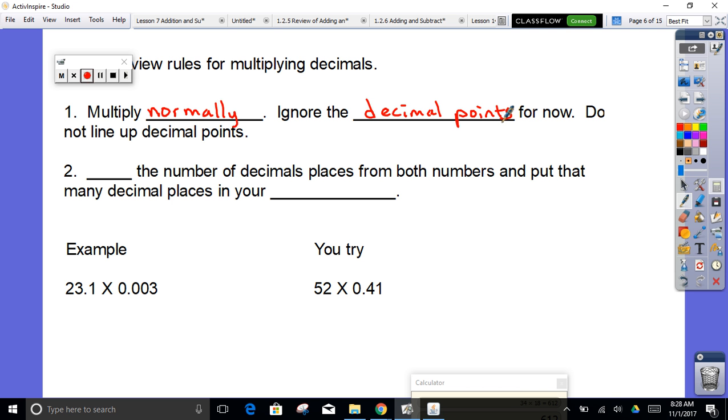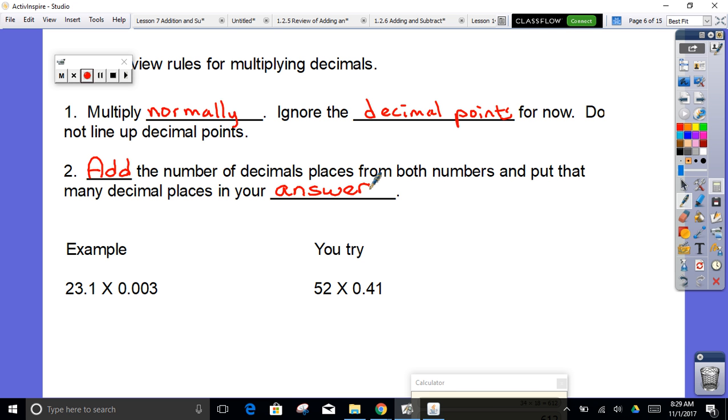But when you're multiplying, you're essentially ignoring the decimal places until the very end. Then you are going to count how many decimal places there are in each number, add them together, and then make sure you have that many decimal places in your answer.